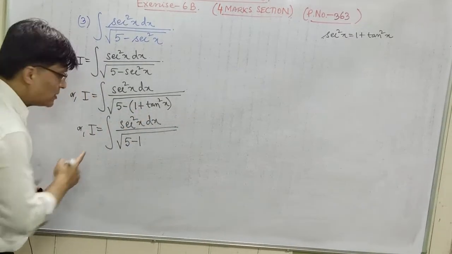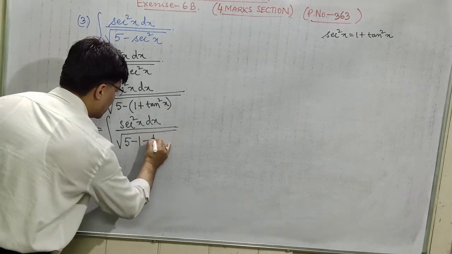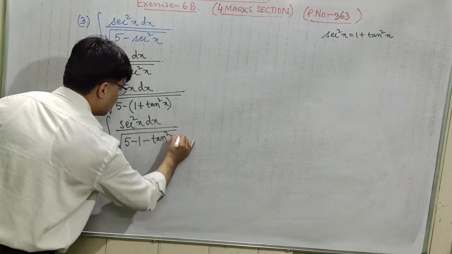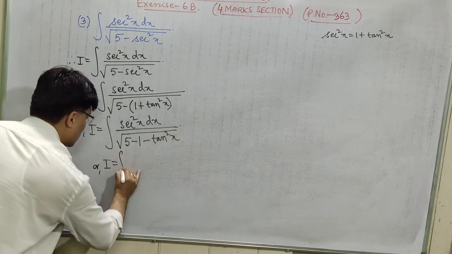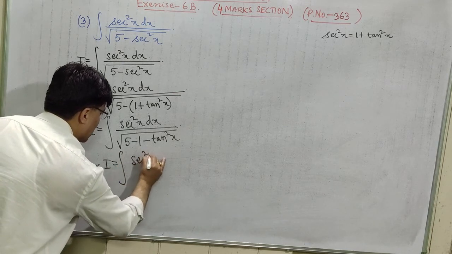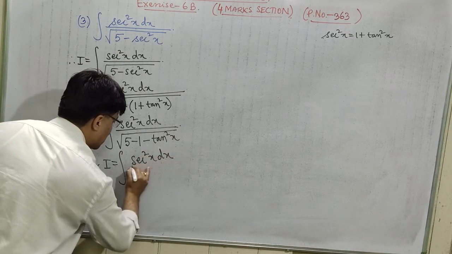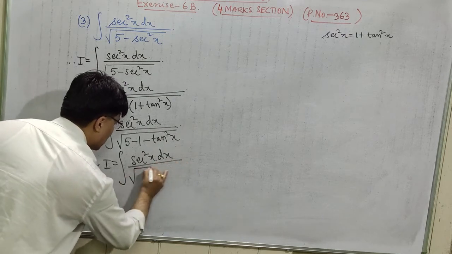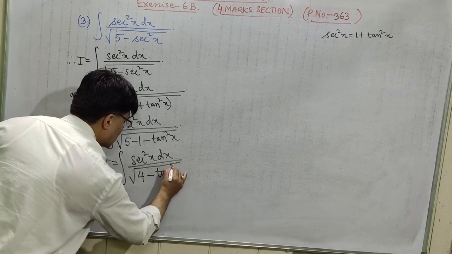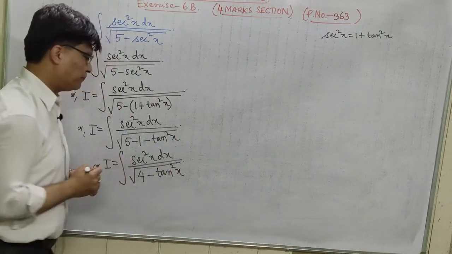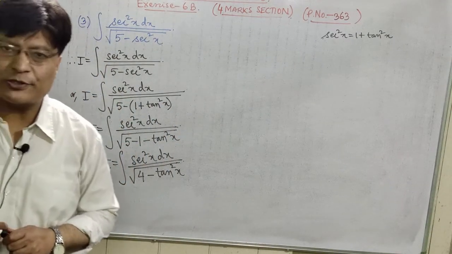Let us open this bracket. Minus plus minus, that is your tan square x. Is that clear? So I is equal to integration of sec square x dx divided by root over 5 minus 1 is 4 minus tan square x. So I think you have understood it.